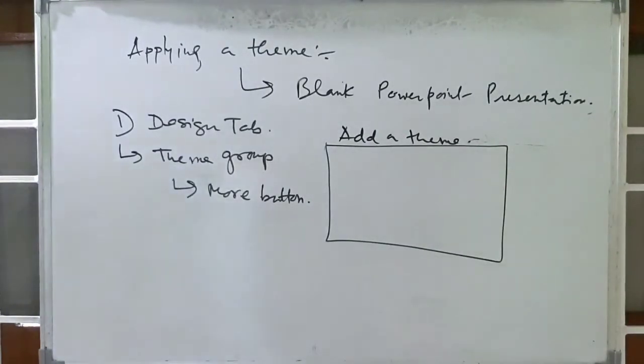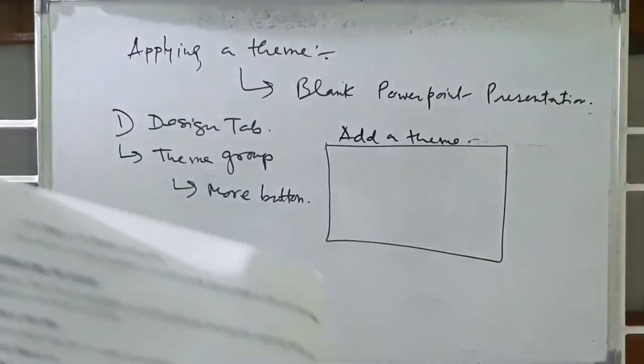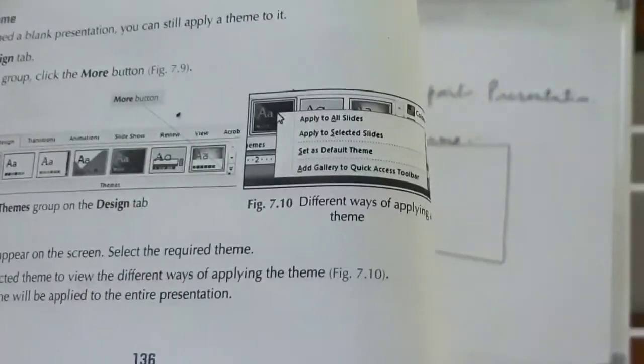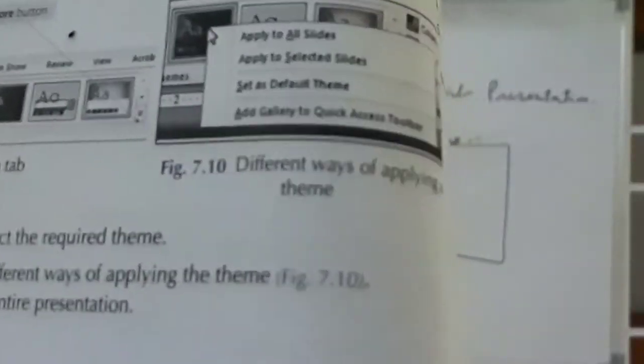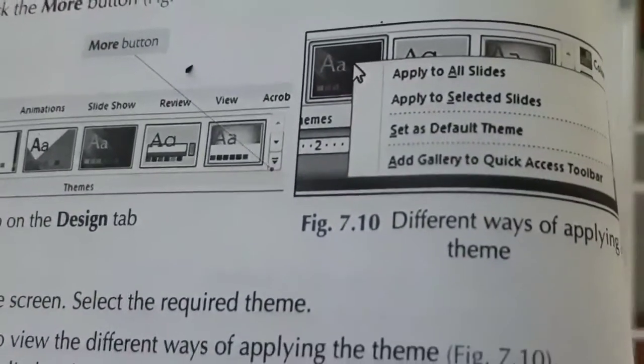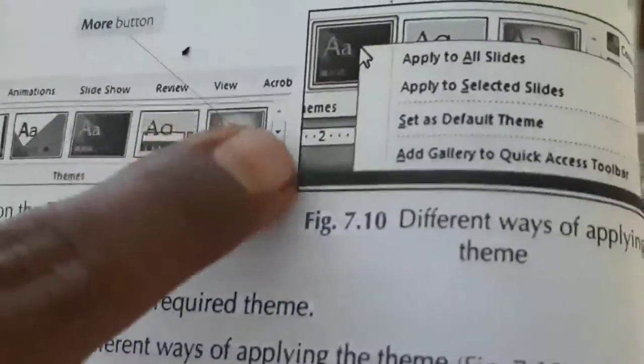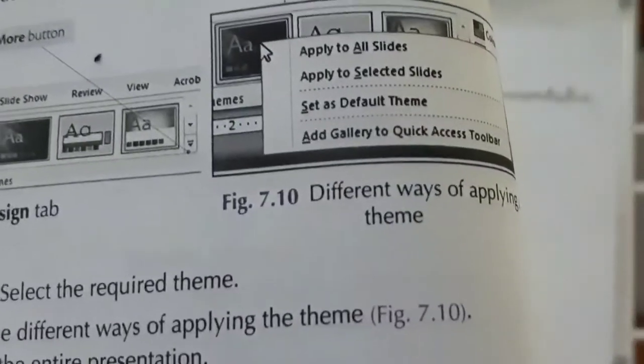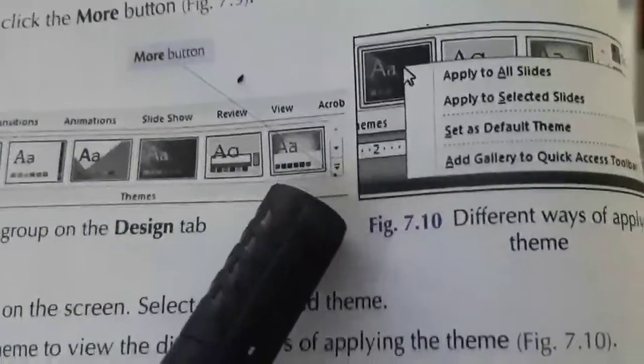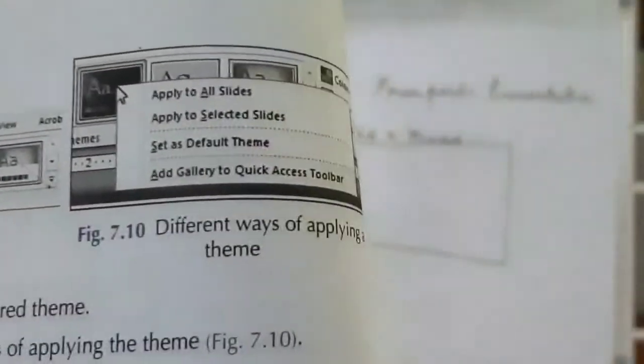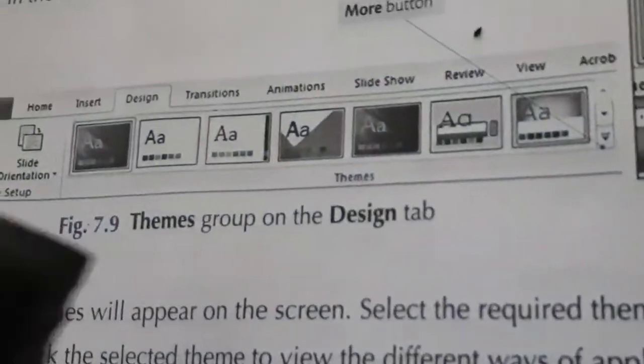Now you can see in the book I am showing you, this is the More option. When you click on this part, it will open this type of themes.